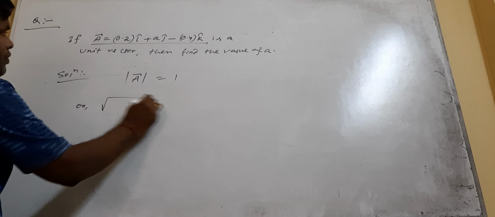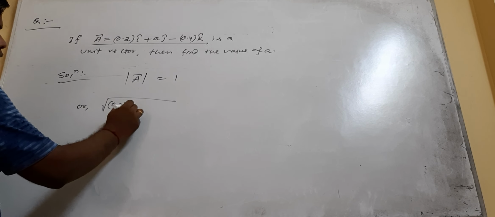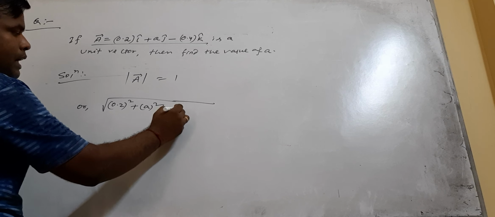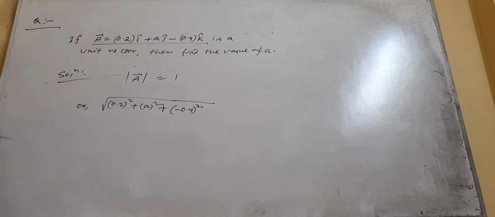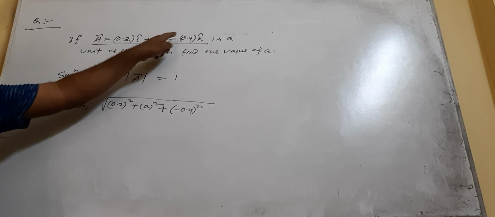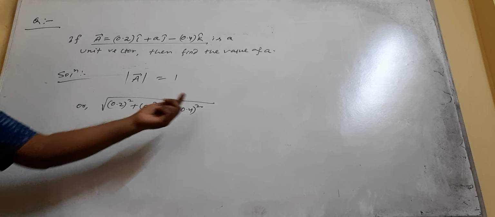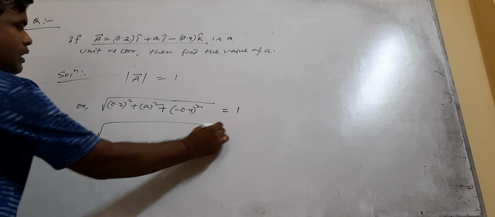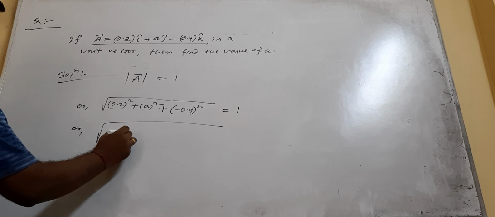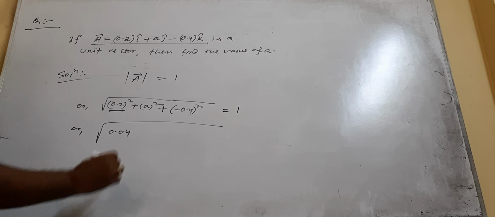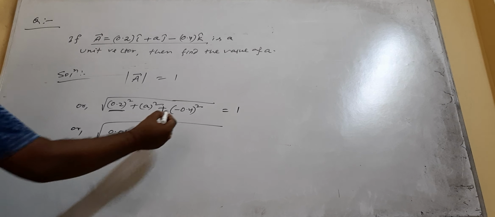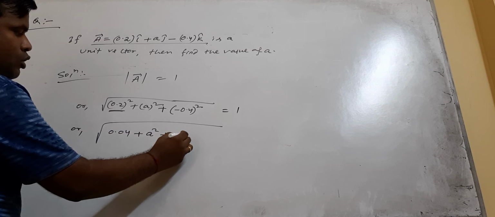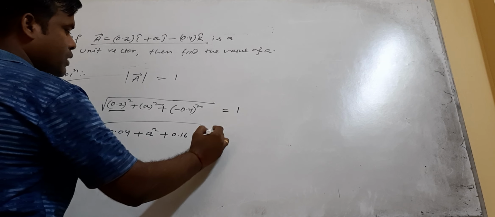What is the a vector magnitude? Root over of 0.2 whole square plus a whole square plus minus 0.4 whole square, is equal to 1. 0.2 square is 0.04, then a square plus minus 0.4 whole square. 4 square is 16, so you will get 0.16, is equal to 1.